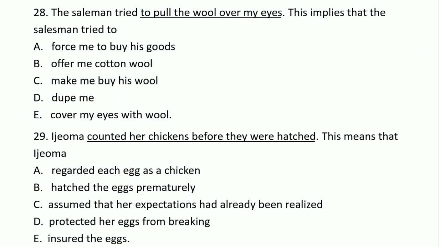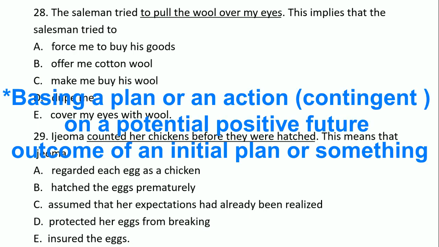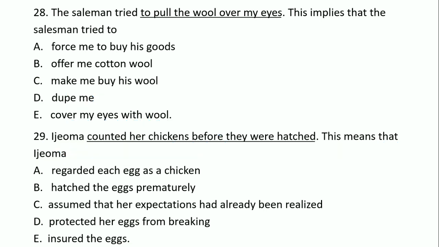That means you are basing your outcome now on an initial thing that you've done, that it is going to come out positively. So you've already assumed that your initial action is going to come out the way you want it to. So if Ijoma counted her chickens before they hatched, that means that she assumed that her expectations had already been realized.